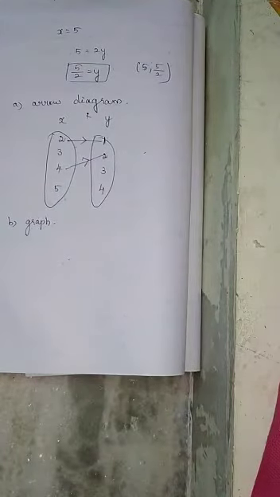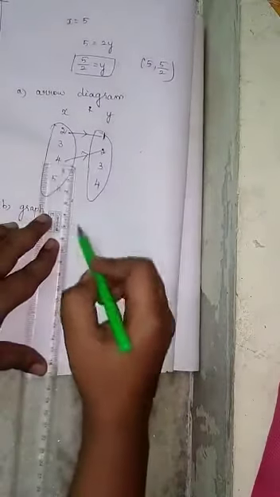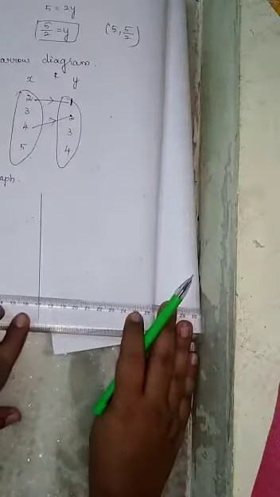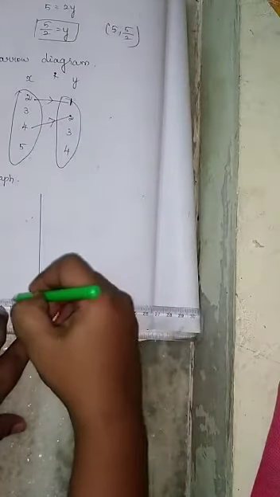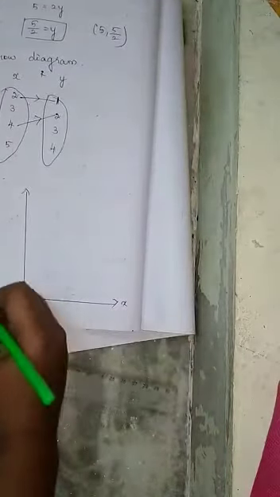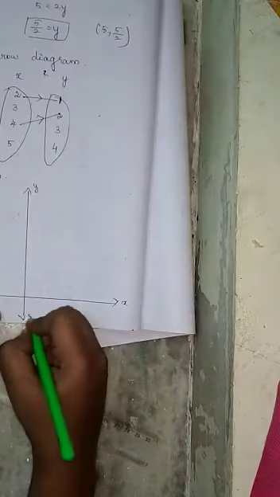Now graph. You know very well, in normal classwork itself, we can draw a graph. So first take a scale and draw graph lines like this. Here this is x axis and this is x dash and this is y dash.